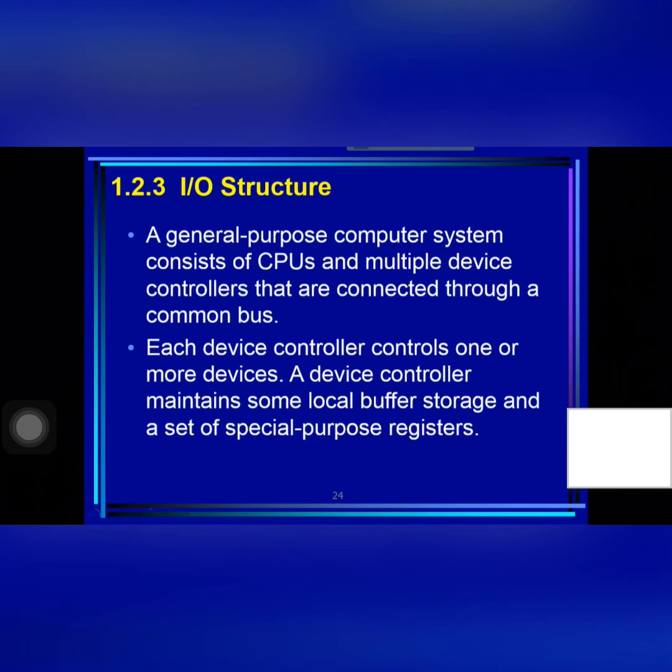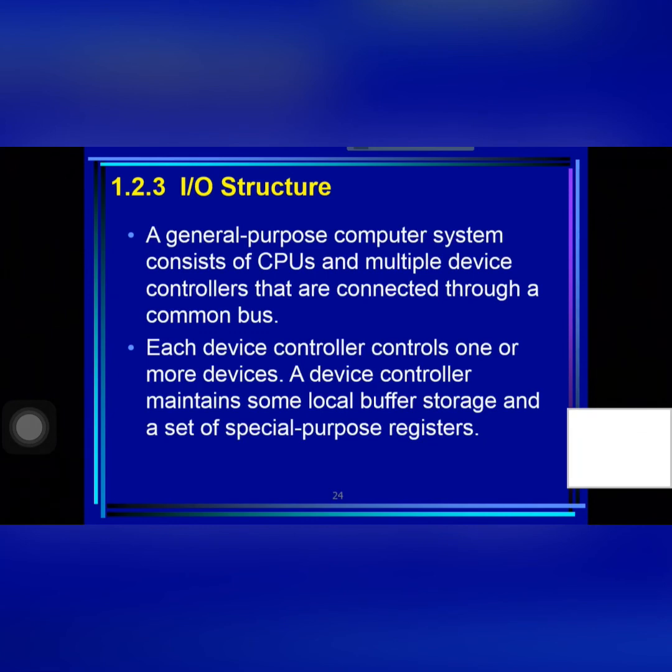Each device controller is in charge of a specific type of device. Depending on the controller, more than one device may be attached. For instance, seven or more devices can be attached to the small computer system interface controller. We also call it a SCSI controller.